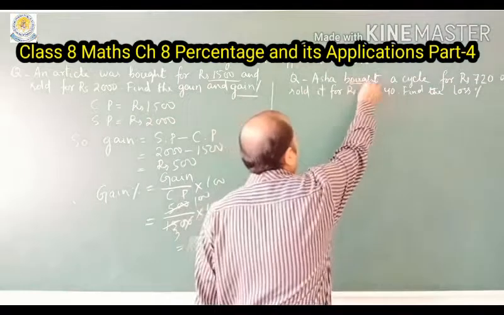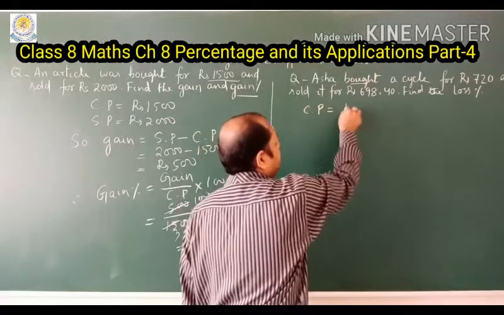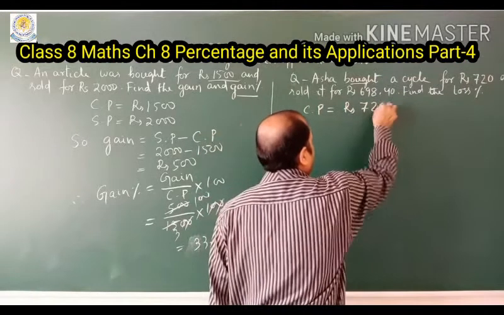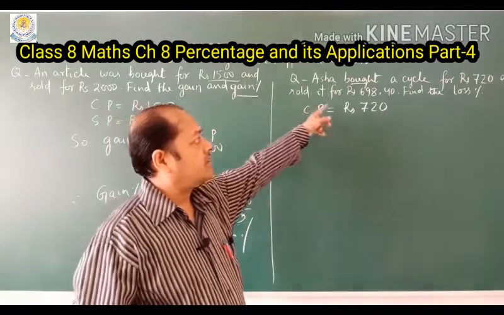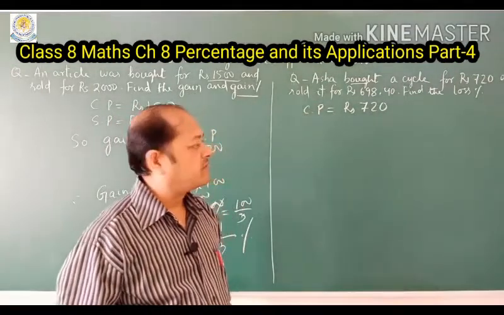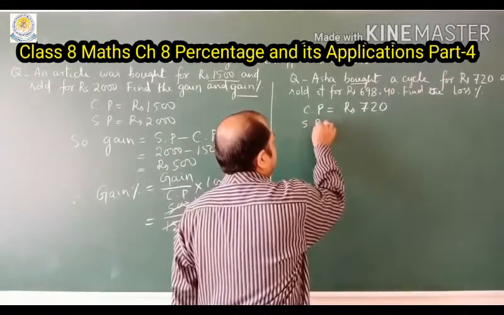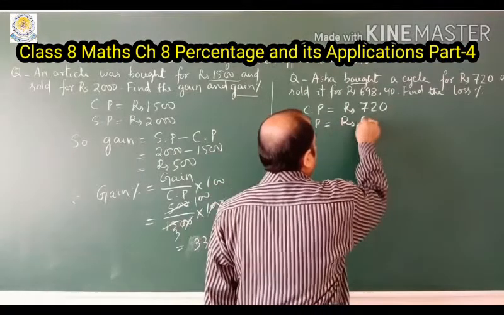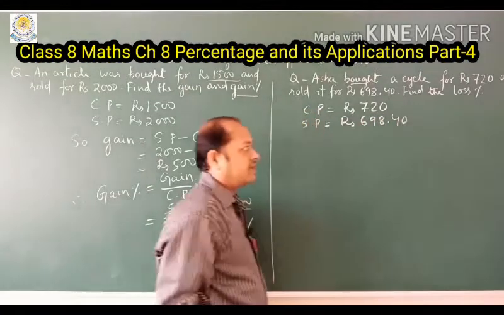Because the article is purchased for rupees 720, the cost price here is 720. Now it's sold for 698 rupees 40 paisa. So that is the selling price, or SP. So SP equal to 698 rupees 40 paisa.